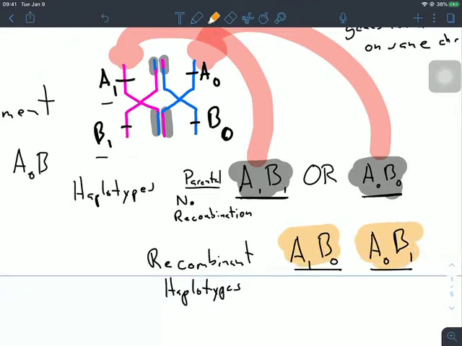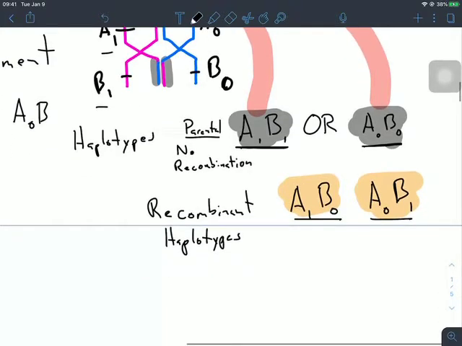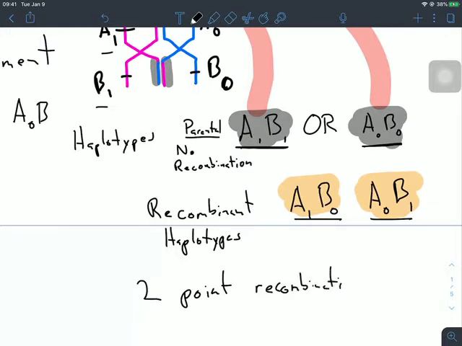Okay, so the theory is there. This is looking at things as a two-point or two-locus recombination problem. And that's what we'll stick to in this class. We won't go further than two, so don't worry about it.